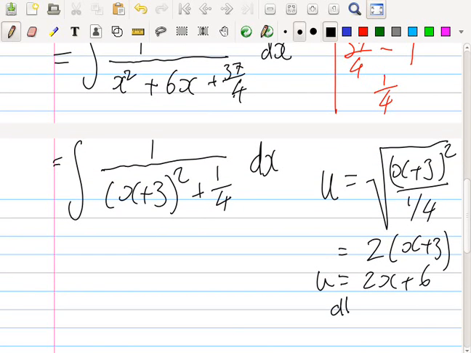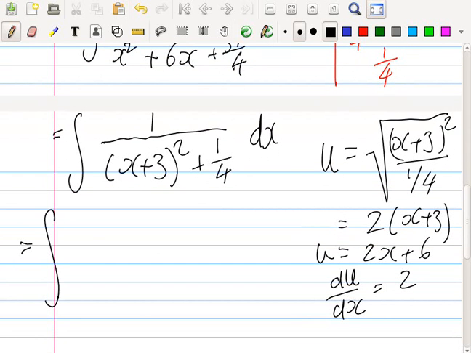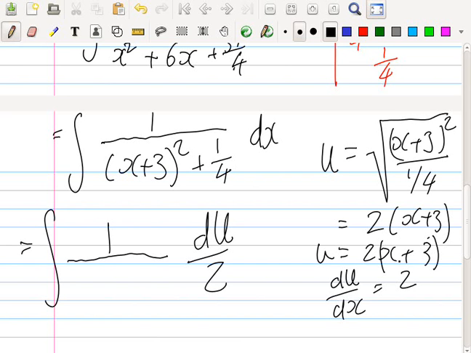So what does du dx equal? 2. So what does dx equal? du over 2. What is x plus 3 here? Well, actually, I think what I'll do is I'll leave it with the 2 on the outside instead of multiplying it in. Because if I look at this, what does x plus 3 equal? u over 2.